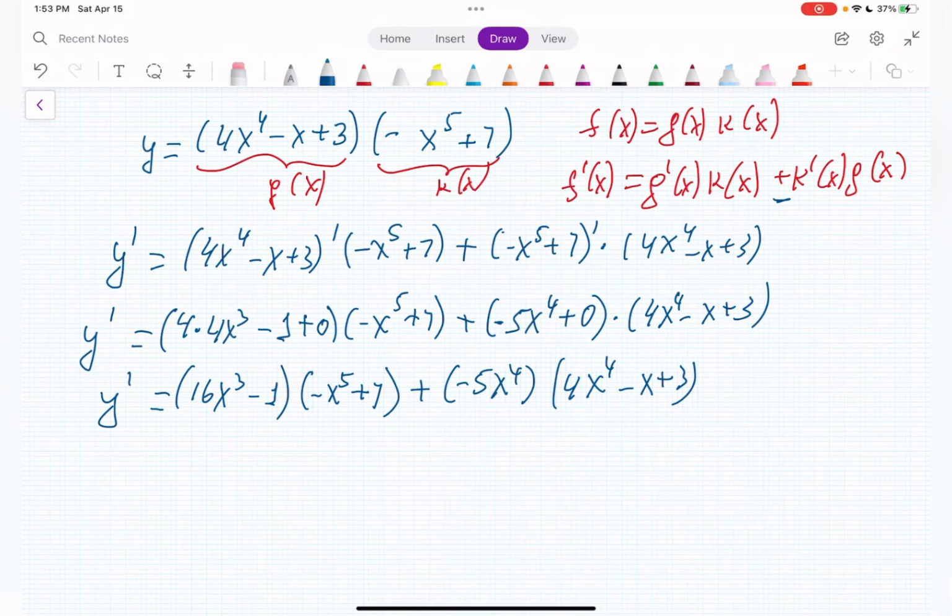Now all we're going to do is multiply and distribute and combine like terms if there are any.